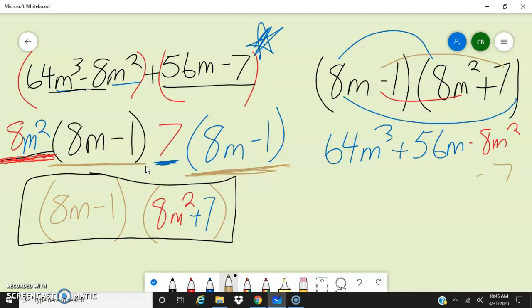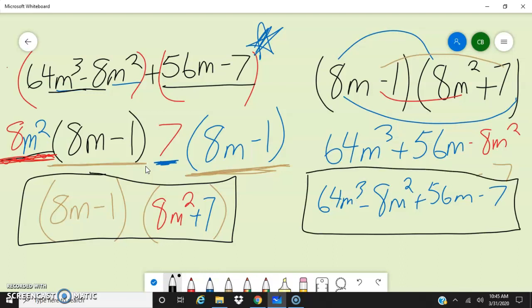Okay, then if I put those in order in standard form, I would have 64m cubed minus 8m squared plus 56m minus 7.